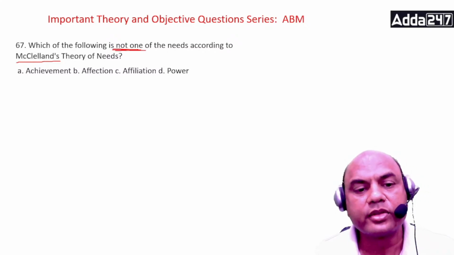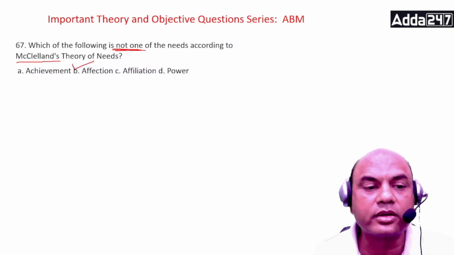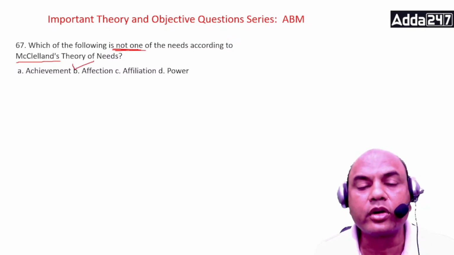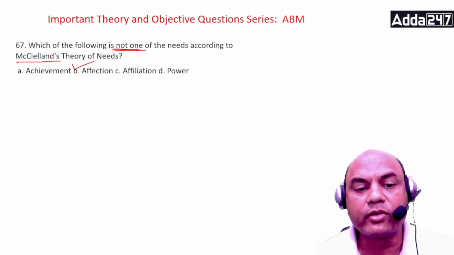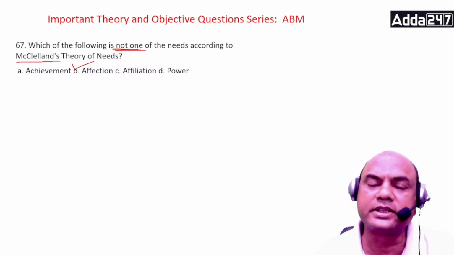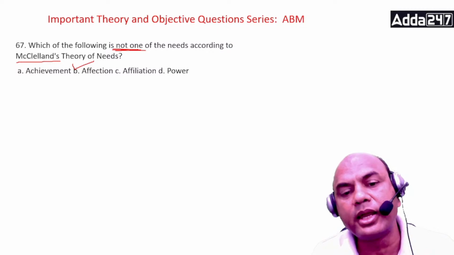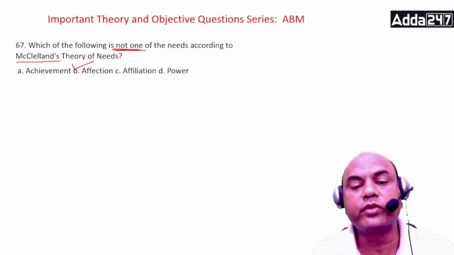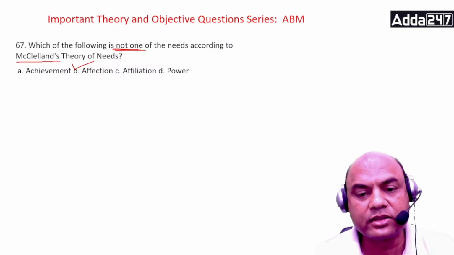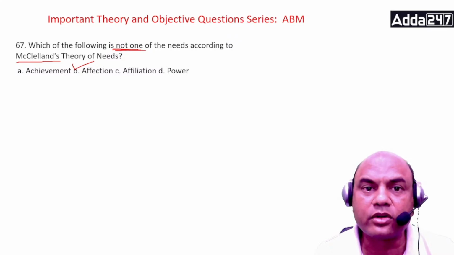Okay. So the answer is B. Affection. Affection is not one of the needs of McClelland's theory. Now what is McClelland's motivational theory? It states that every person has one of 3 main driving motivators: need for achievement, affiliation or power.